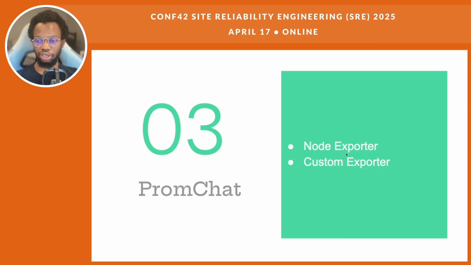The first uses data from Node Exporter, and the second uses data from a custom exporter to Prometheus. Both of them you're chatting with Prometheus. What's different is the source of data in the Prometheus instance, which affects the type of questions you can ask and the type of queries that will be generated as well.